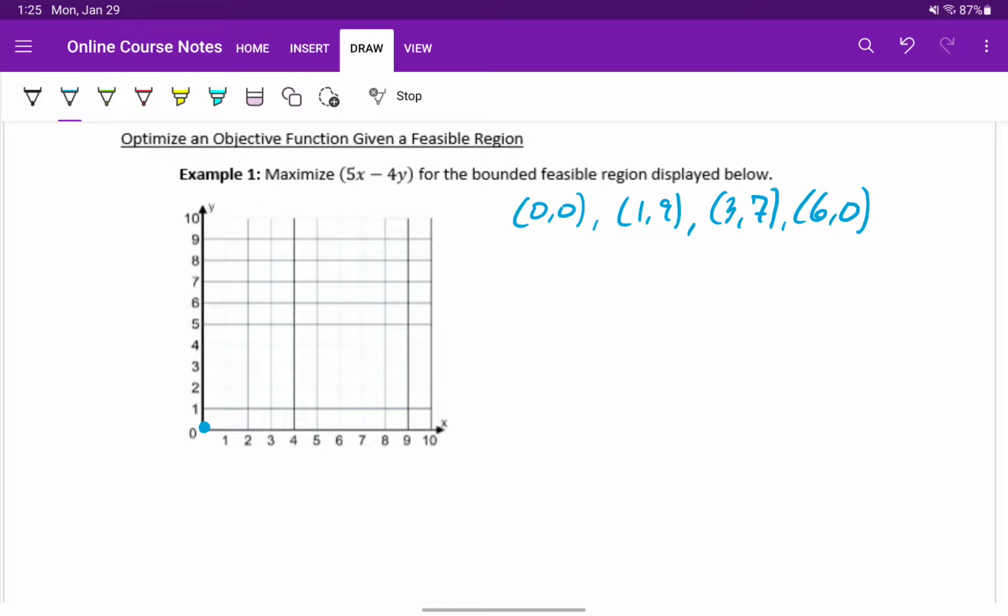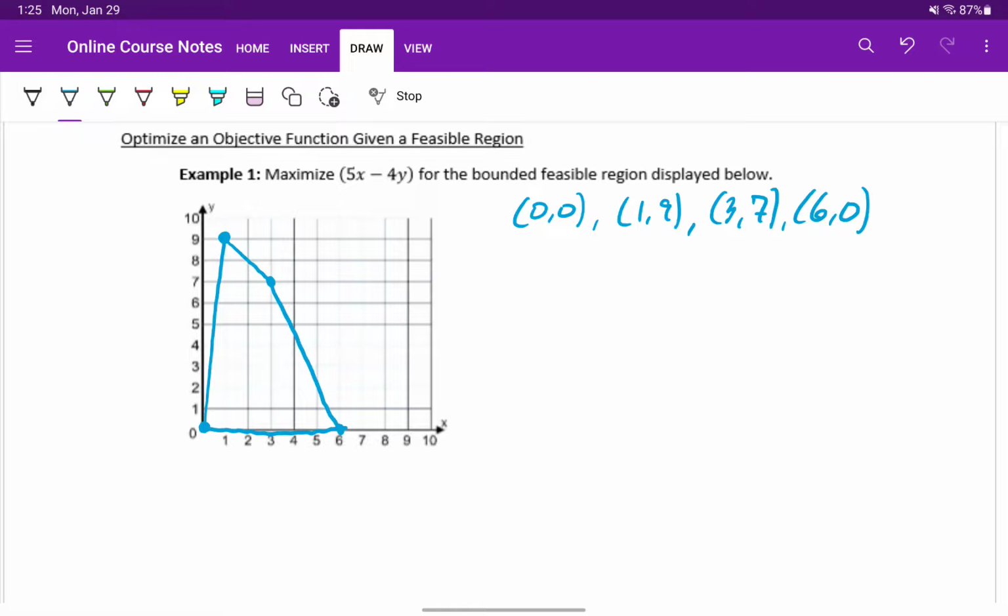In this case, (0, 0), (1, 9), (3, 7), and (6, 0). Once we have those points plotted, we're going to draw a polygon, so just a shape connected by all of those different points.